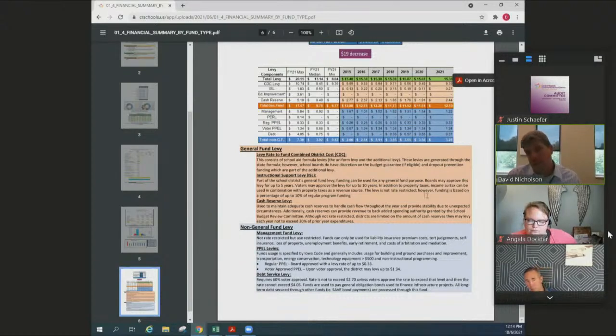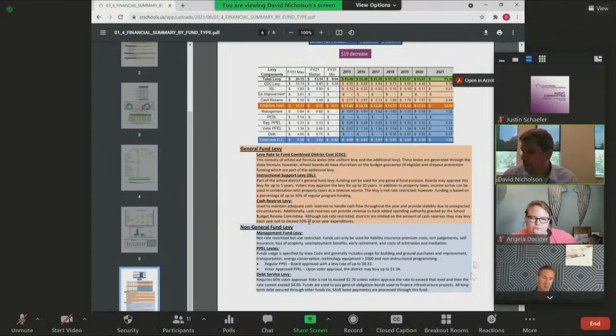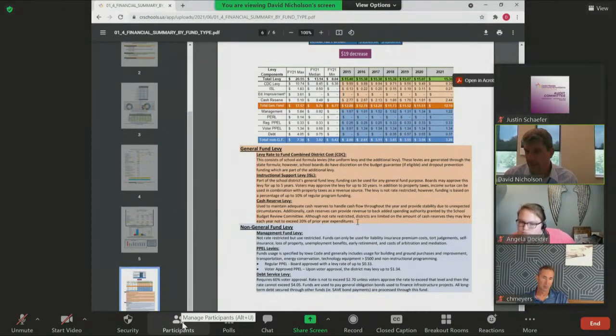Having a good cash reserve levy can help maintain your solvency ratio as well, and there's also a limit. This never used to be there, but in the last 10 to 15 years, they've put a limit on what you can levy. The limit is that each year it cannot exceed 20% of your prior year's expenditures, less your undesignated reserves on the books.